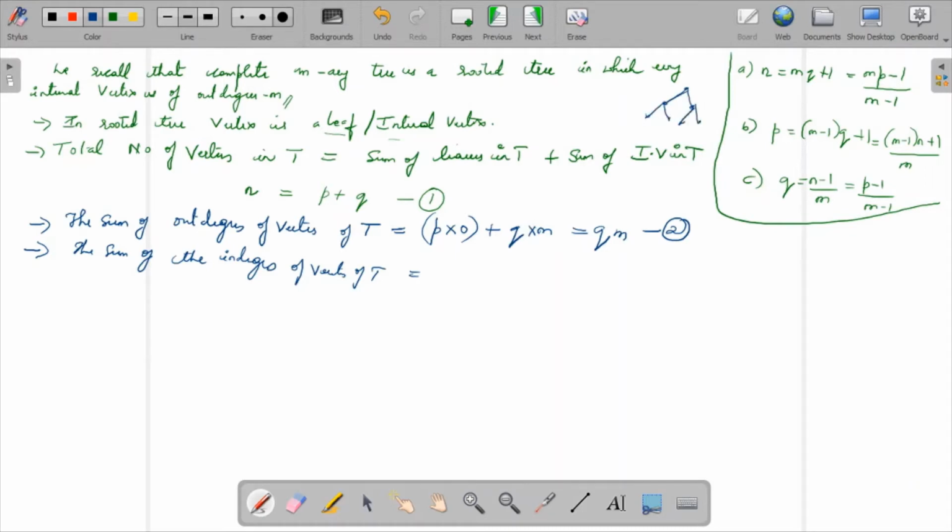Since it is a complete M array tree, this is the tree. I've taken M value as 2, so two branches.